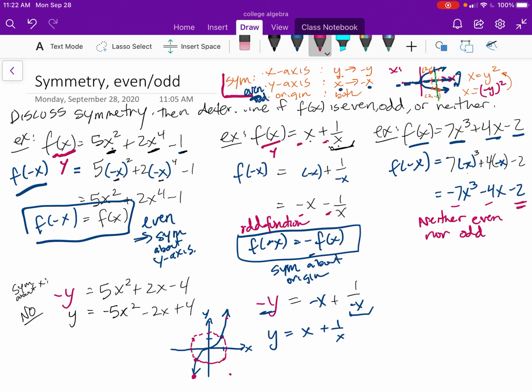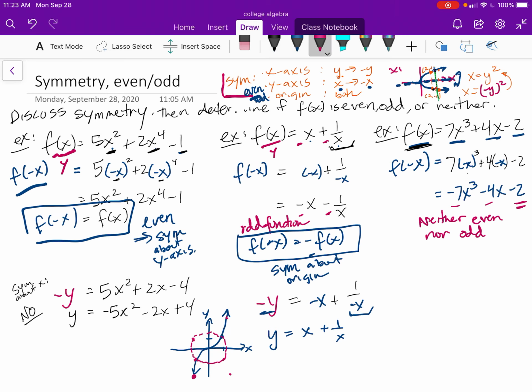We still should test symmetry about the origin. We still should test symmetry about the x-axis, though. But because this is a function, I know it's not symmetric about the x, because then it wouldn't be a function. Just to test it, let's see. So we do negative y.